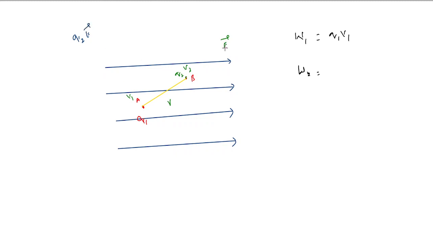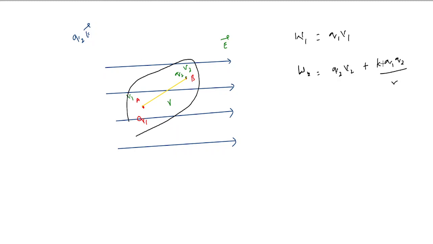And also, in bringing the charge from infinity to this point, even Q1 will oppose the motion. So first we'll write the work done to go against the electric field. That will be Q2 into V2, plus the work done to assemble the two charges alone, which would be K Q1 Q2 by R.